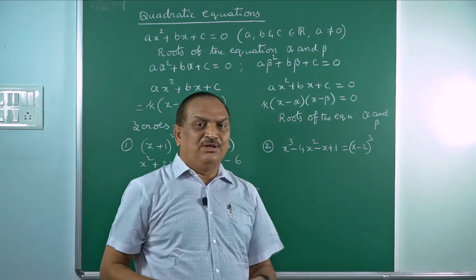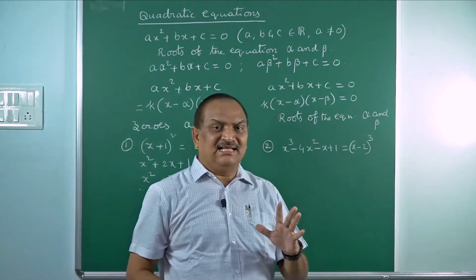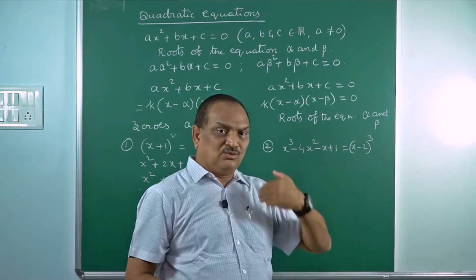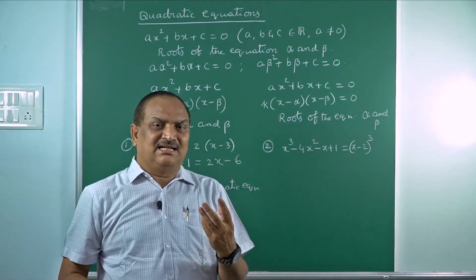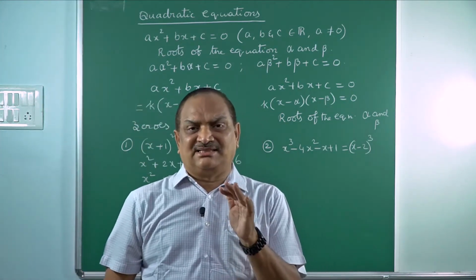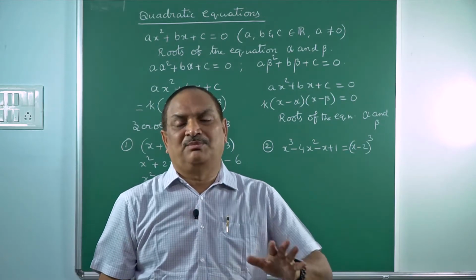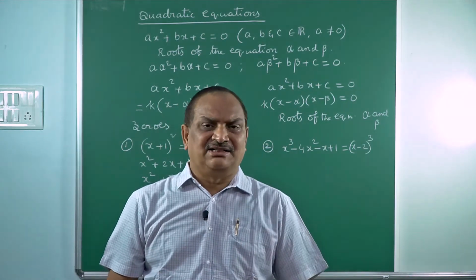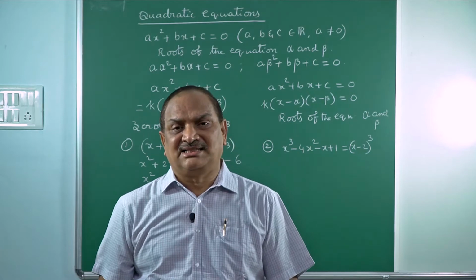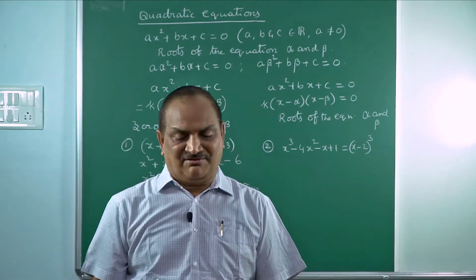You need to expand it on the right side and bring all the terms to the left side. Just check, you should have only some x square term, no x cube term, and the rest is okay, whether you have the x term or constant or not, of course.